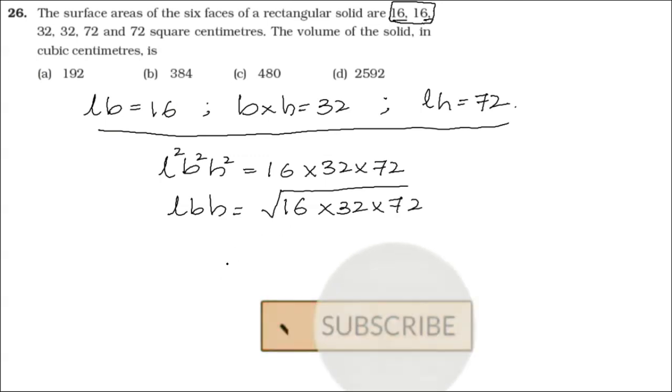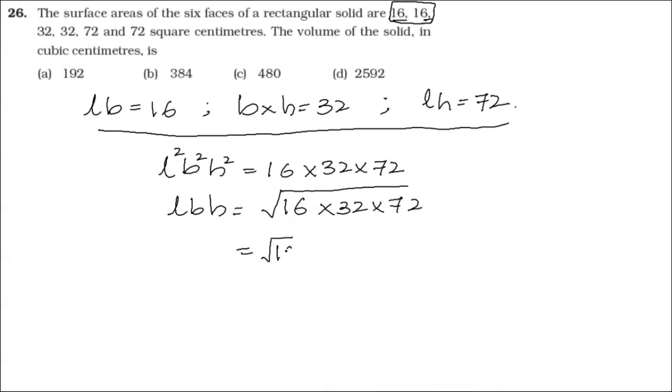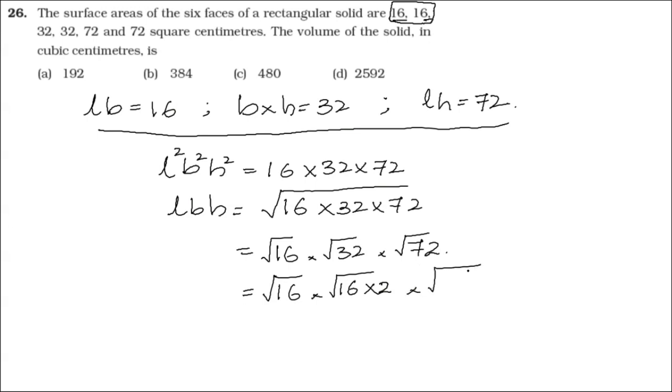How to simplify this particular thing? You observe it is root 16. This one is root 32. This one is root 72. Suppose I consider this as root of 16 times 2 and this as root of 36 times 2.